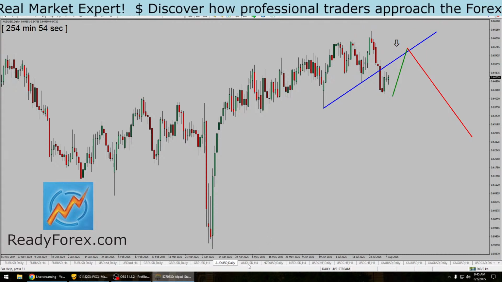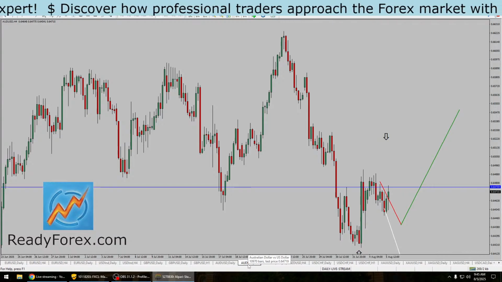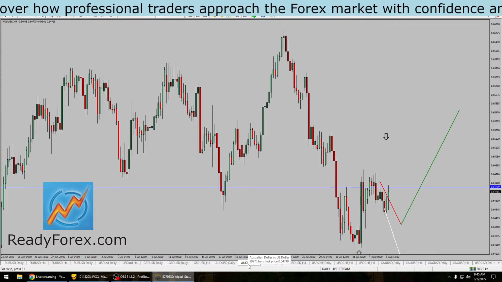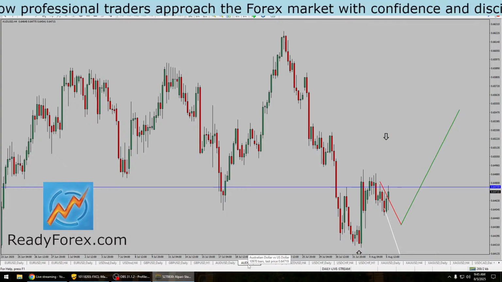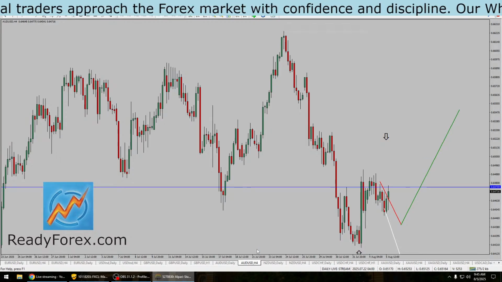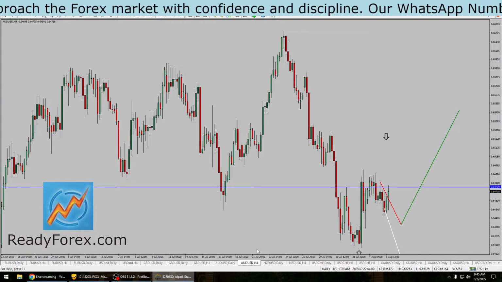Next, let us take a look at the 4-hour time frame of the Aussie dollar currency pair. This is the 4-hour chart. It's still going sideways. The trend is, by the way, still a downtrend in the AUD USD currency pair on the 4-hour time frame.